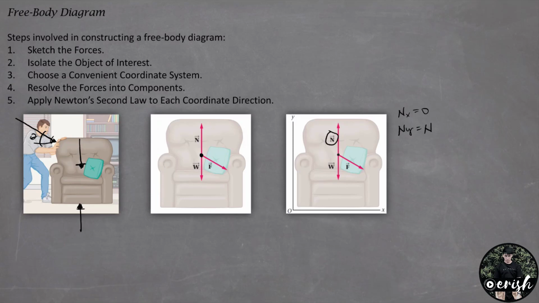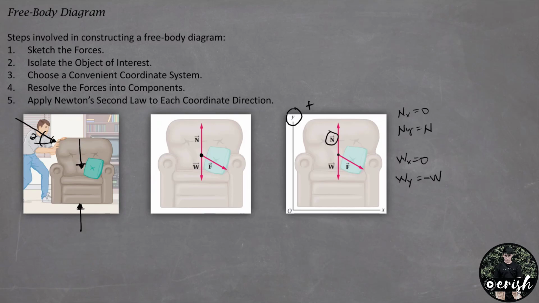For w, yung w is nire-represent niya yung weight ng sofa. Ang weight or ang w sub x is equal to 0. Ang w sub y or weight sub y is equal to negative w kasi pababa. And considering the positive y, ito is the positive direction.